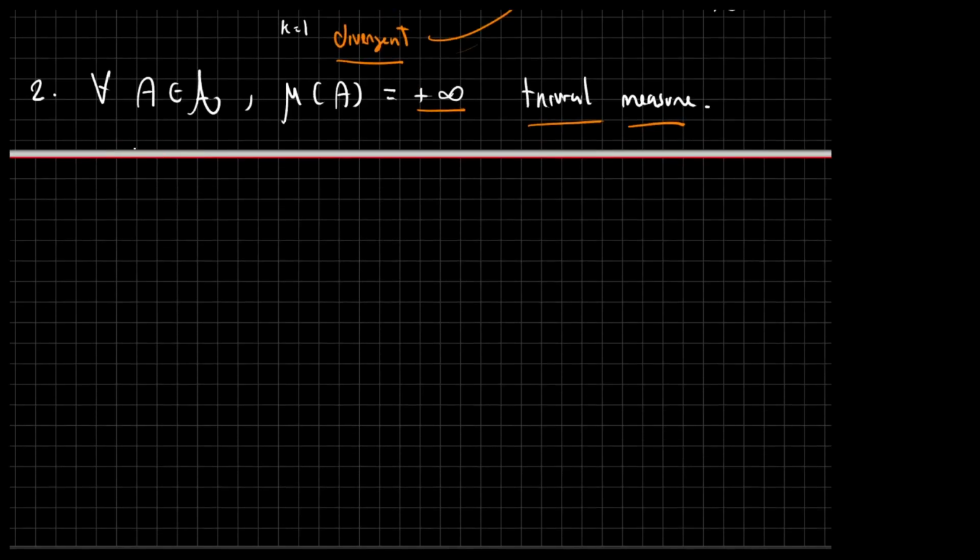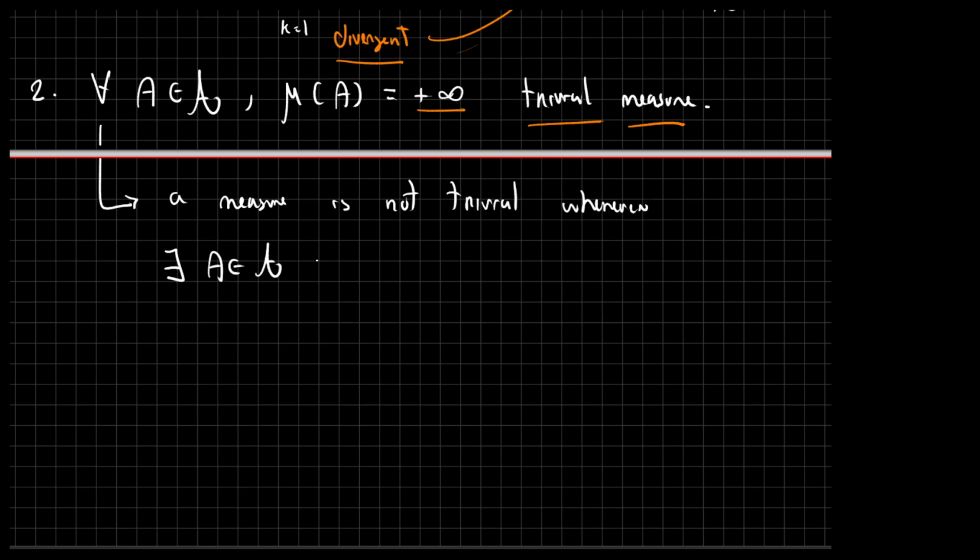So it only makes sense that we say that a measure is not trivial whenever there exists some element in this sigma algebra such that the value of the measure on this element is less than plus infinity. It's completely sound to call this a non-trivial measure.